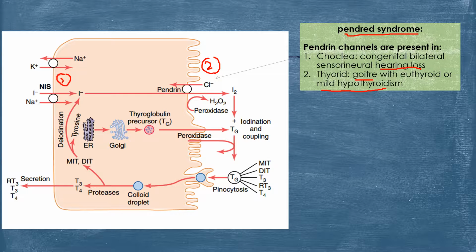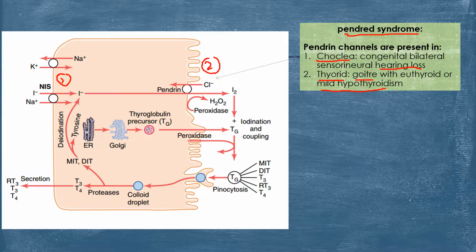Because the pendrin transporter is present in the cochlea, and the mutation happened in the gene responsible for the pendrin transporter, we will have hearing loss. The other place in the body where the pendrin transporter is present is the thyroid gland.